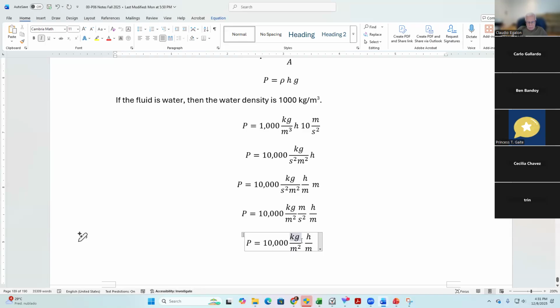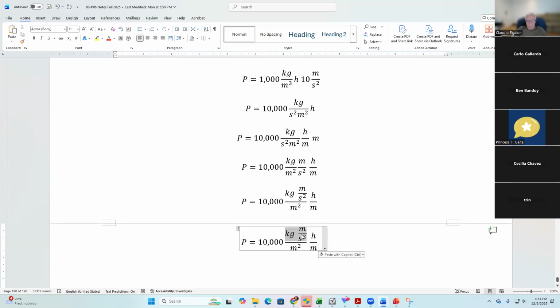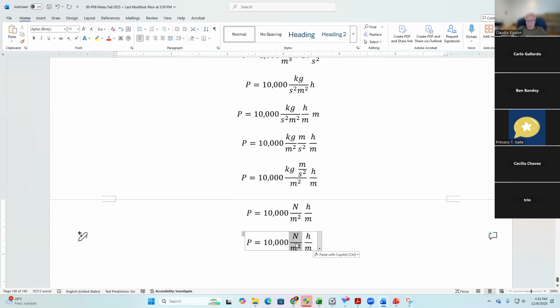I don't want to cancel this meter here. I want to keep it this way. Kilogram meter per second squared is Newton, right? And Newton per meter squared is what? This is Pascal. 10,000 Pascal times the depth divided by the unit meter.